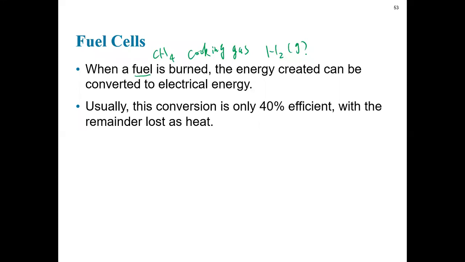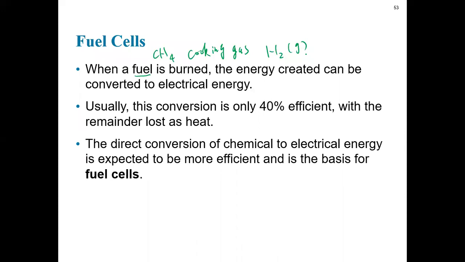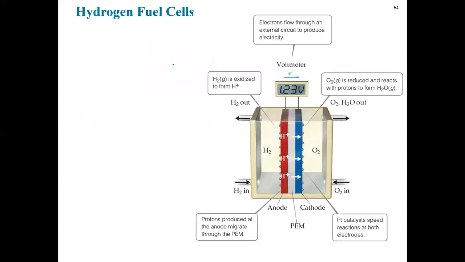Usually, the efficiency of burning the fuels to produce heat and then electricity is kind of low. But if we can use the chemical reactions of H2 and CH4, they will have those oxidation reduction reactions, then we can make the fuel cells.